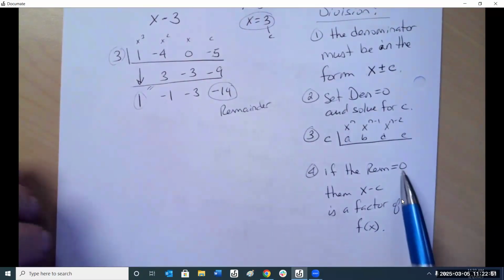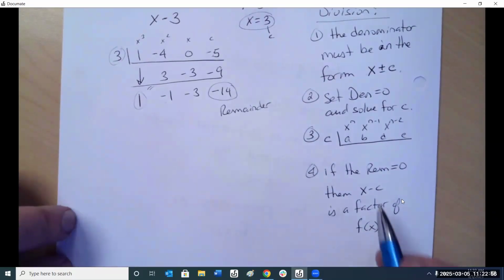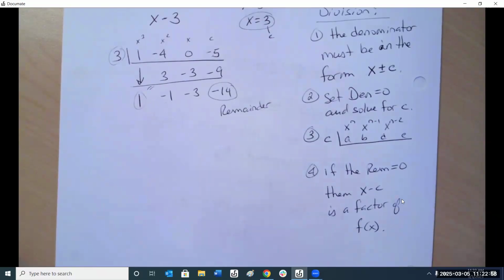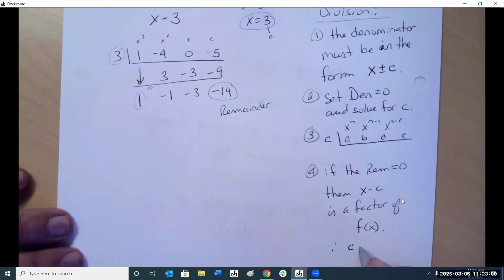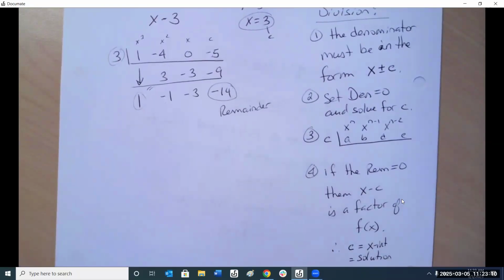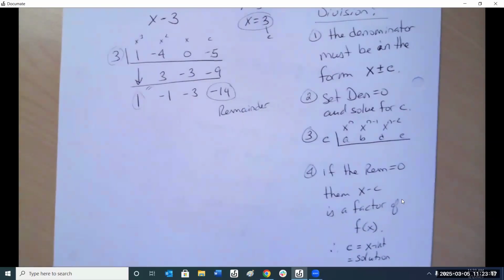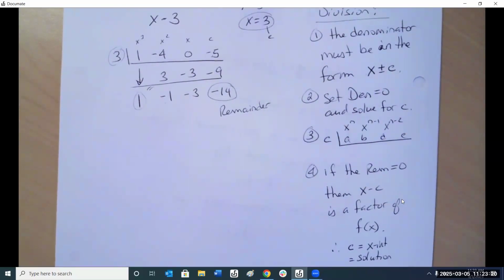In other words, if you have a remainder of 0, that means x minus c is a factor, which means that c is an x-intercept, your solution. So that's what the remainder theorem tells us. If you have no remainder, that means it factors into the equation perfectly.